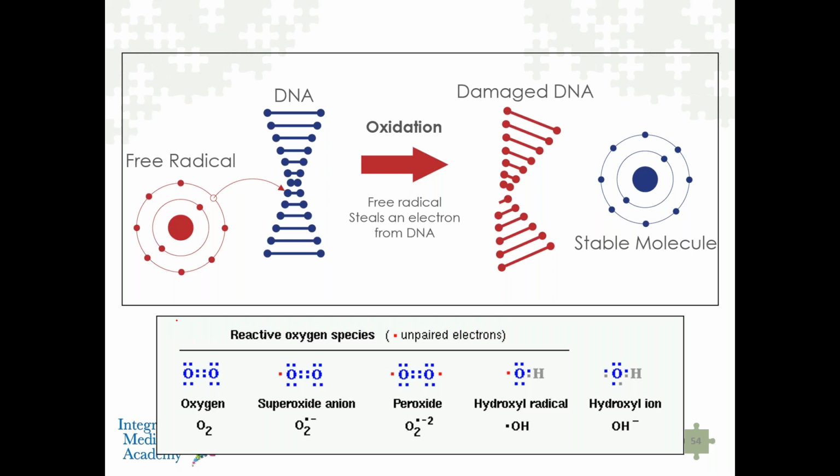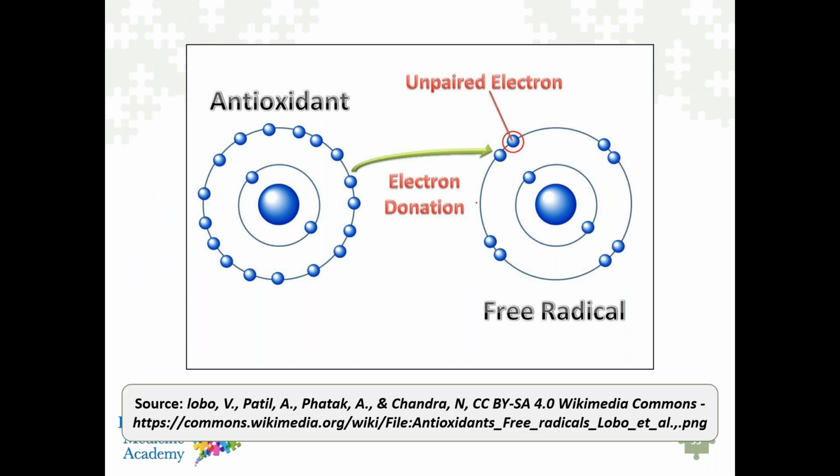And so if we bring this back to this basic template of a free radical that has an unsatisfied outer shell, it wants to fill that gap with an electron, and so it's going to grab it from something. A superoxide anion will grab it from another chemical, another structure. It could be a lipid, could be a protein, could be DNA. Same thing with a peroxide, same thing with a hydroxyl radical. So it satisfies its outer shell, but it leaves damaged tissue in its wake. So that's a very simplistic way of looking at an oxidation reaction.